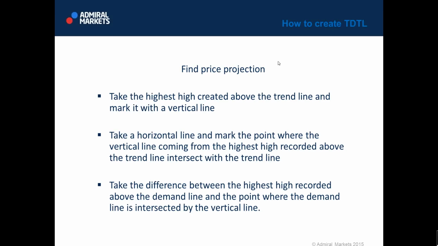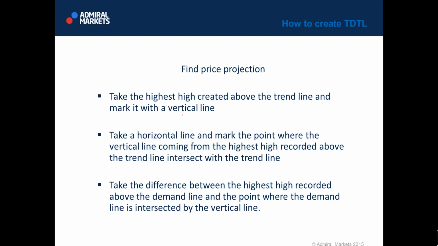Now we will see how Tom DeMark trades breakouts of the ascending, or as he calls it, demand trend line. Take the highest high created above the trend line and mark it with a vertical line. Then take a horizontal line and mark the point where the vertical line coming from the highest high recorded above the trend line intersects with the trend line.